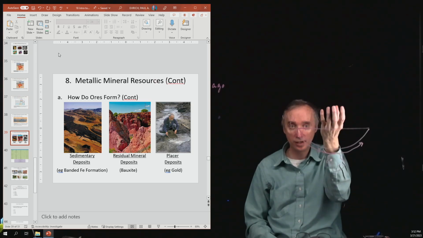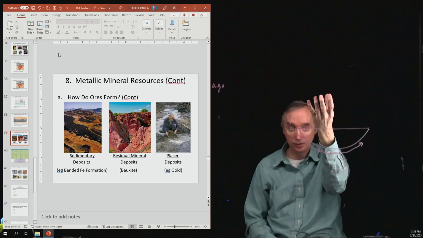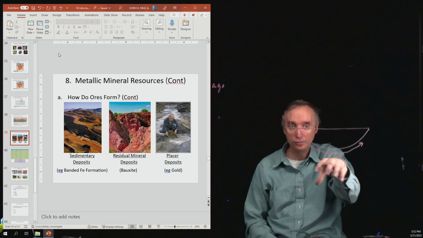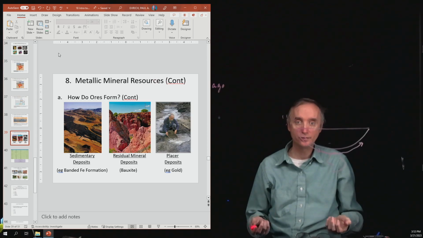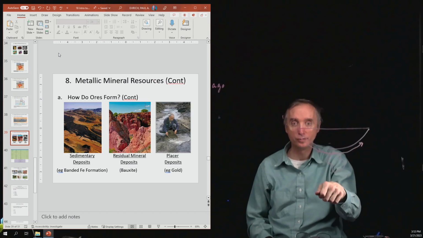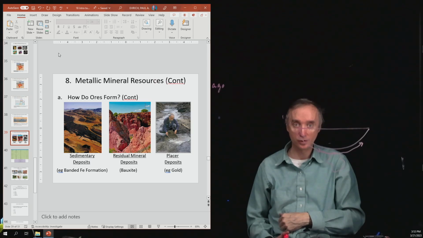So aluminum can be pulled out of the zone of leaching and eluviation, and then it's going to start to accumulate in the soil below that point. And so if we find these petrified soils, we can then remove all of that aluminum in the form of bauxite, and then that's where we get aluminum cans from.